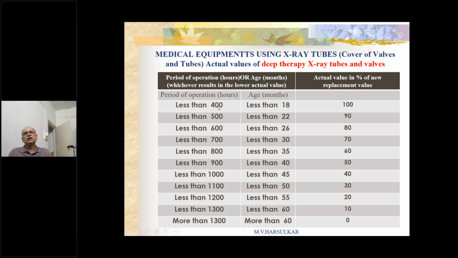So if it is 300 hours only, and this is already crossing 18 months, then you will take 18 months. So based on dual criteria, more than 1300 hours or more than 60 months, it is again 0. So all these equipment, maximum depreciation is 100%.